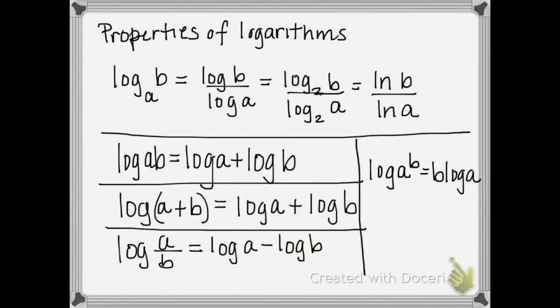This is Mr. Manley. We're going to take a look at some properties of logarithms here and then a couple of applications. This first property of logarithms is the change of base property. If you have log base a of b, you can rewrite it as the log of the argument over the log of the base.